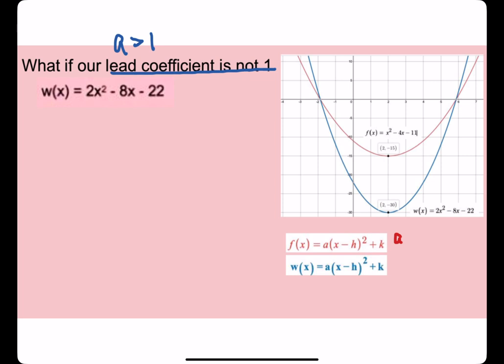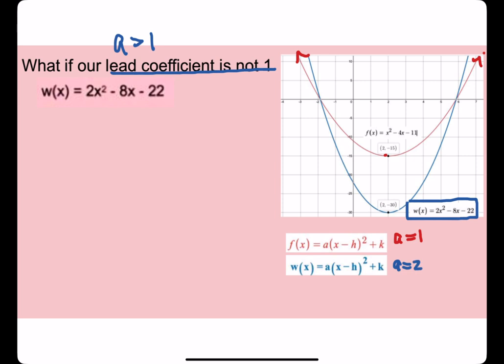So here I have my red parabola where A equals 1. And you see that this opens up, so it's concave up, and it's of a certain width. But when I multiply everything by 2 in this blue parabola, w of x equals 2x squared minus 8x minus 22, my A is equal to 2.